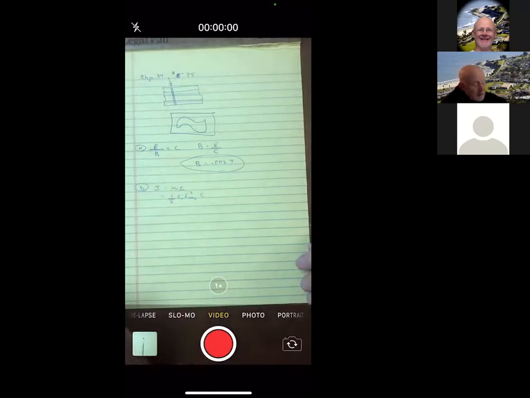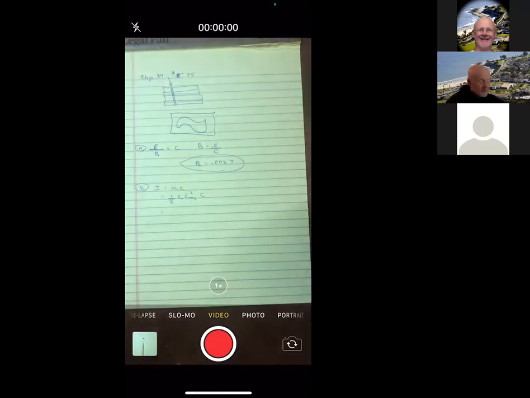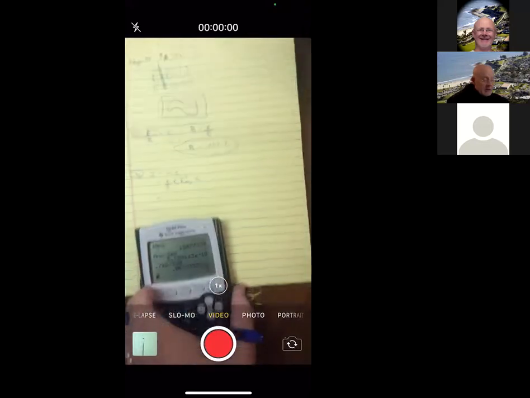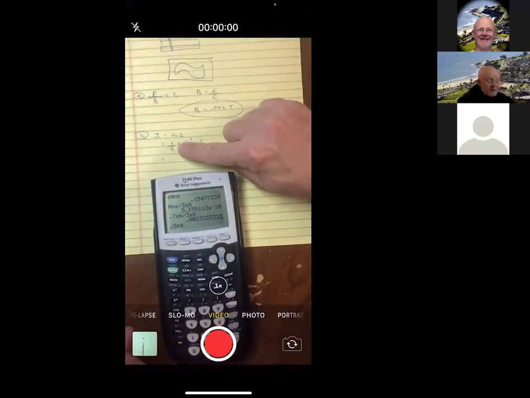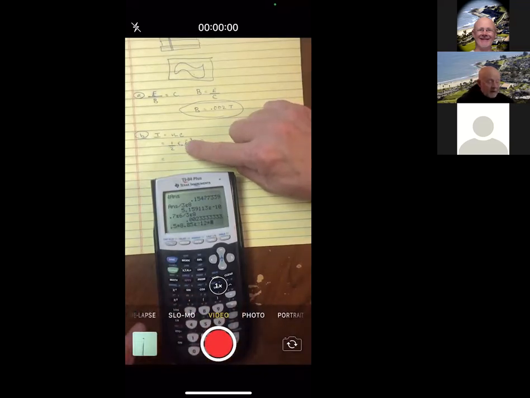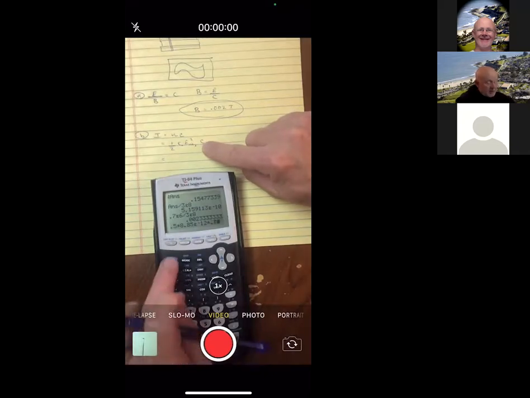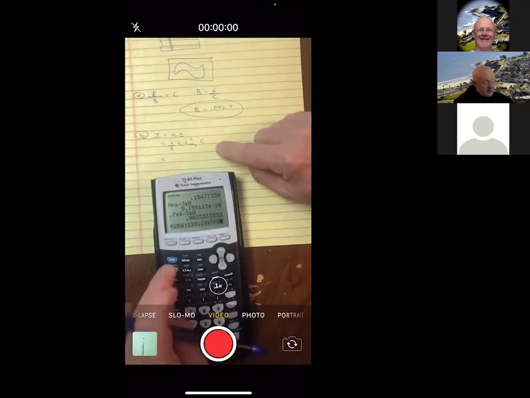But I'll take the electric field and put it in my calculator here: 0.5 times 8.85 times 10 to the negative 12, times the electric field, which is 0.7 million, squared, times the speed of light.